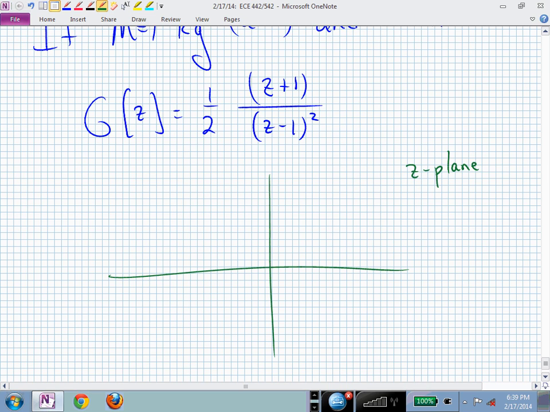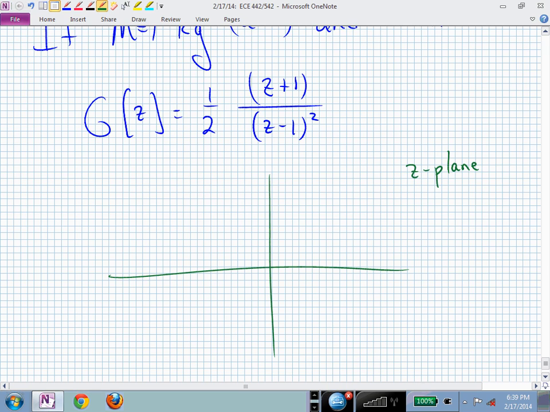We'll learn those maybe in this class. I haven't decided yet. But if you've had 441, you know how to sketch root loci. But where are the poles and zeros of this transfer function, of this system?